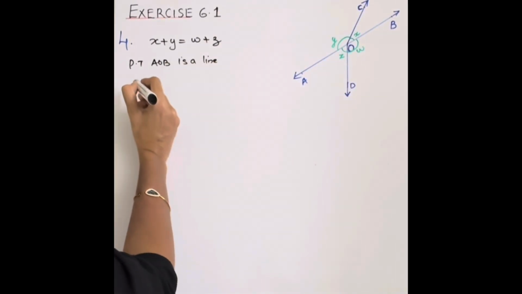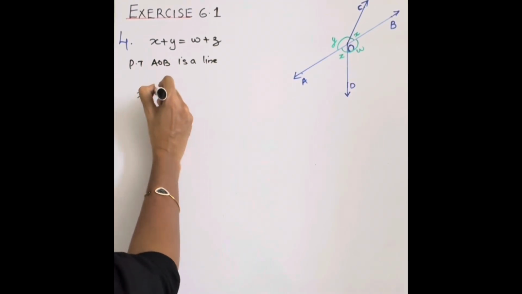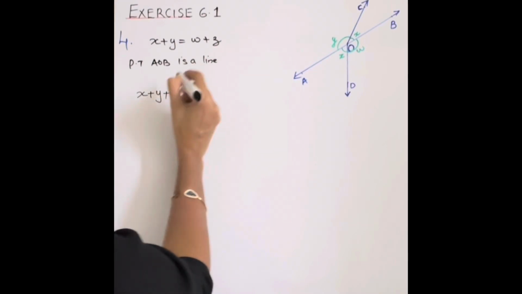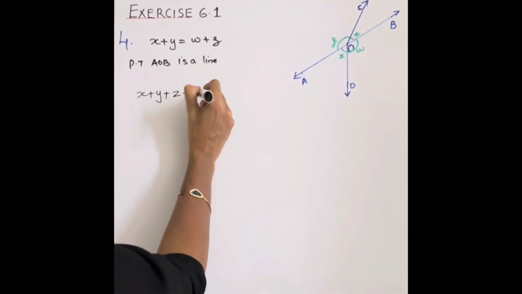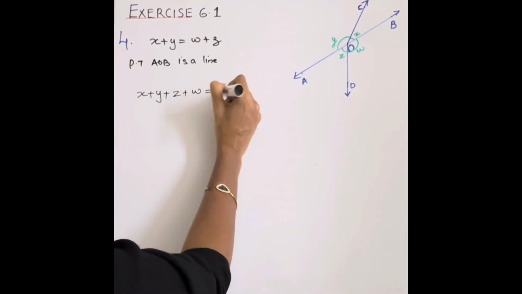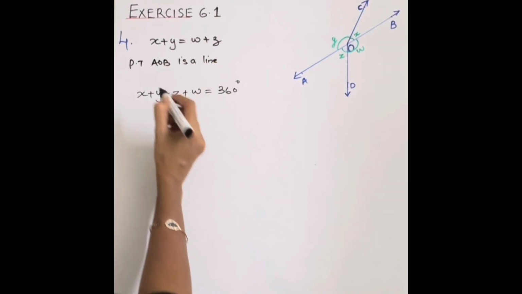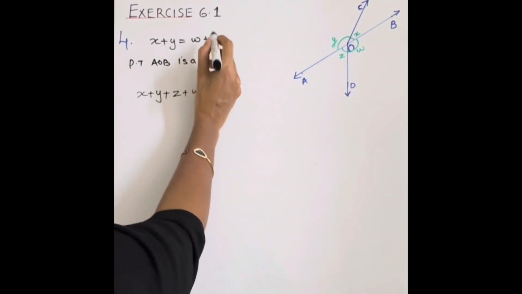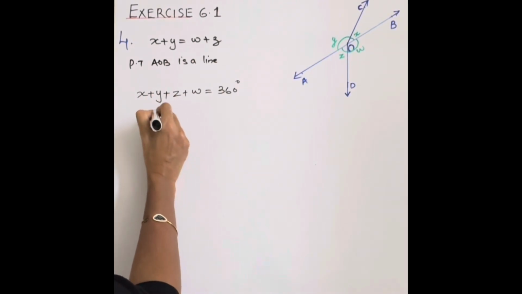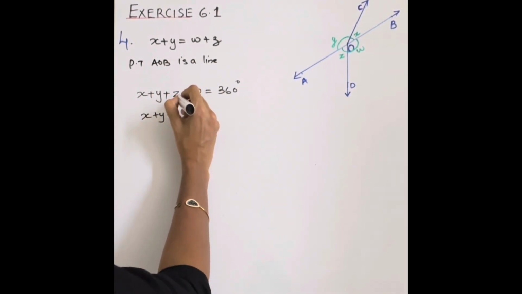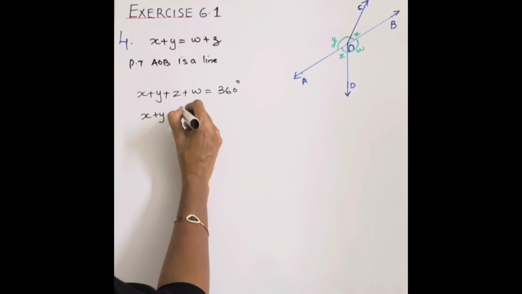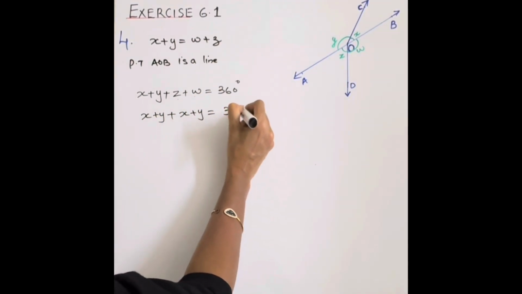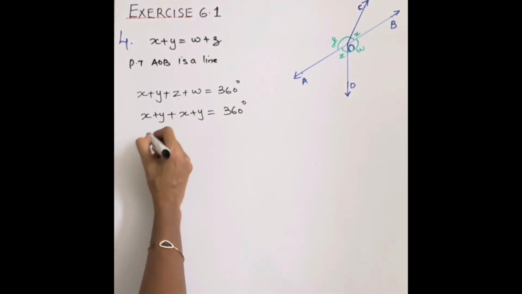So we can write x plus y plus z plus w is equal to 360 degrees, right? And we know it has been given x plus y is equal to w plus z. So we can write x plus y plus, instead of w plus z, we can write x plus y. So it is 360 degrees. How do you simplify this?